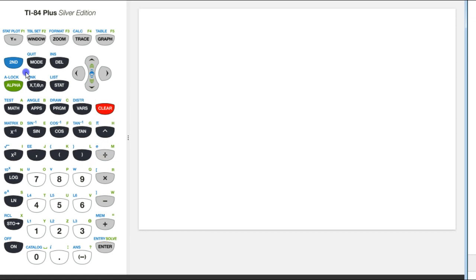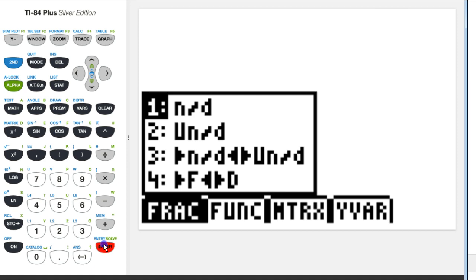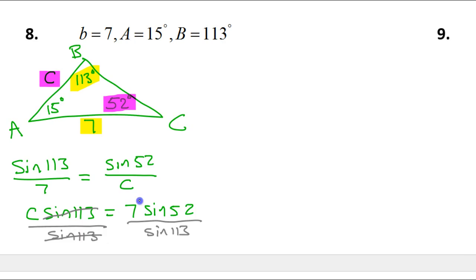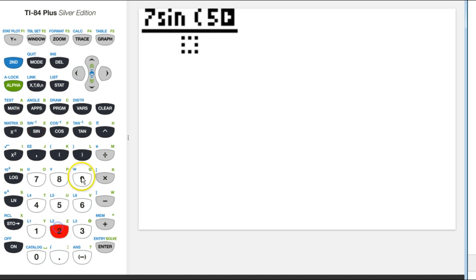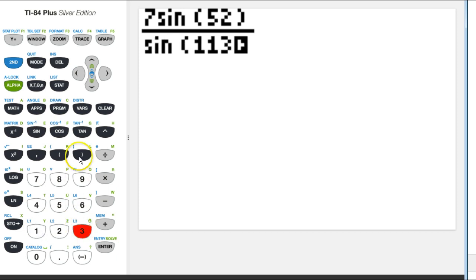It's been a while. You can set up a fraction by hitting alpha, y equals, enter. Okay, I need 7 sine 52 over sine 113.